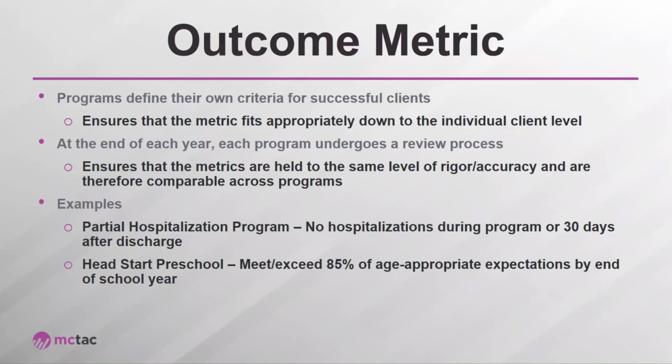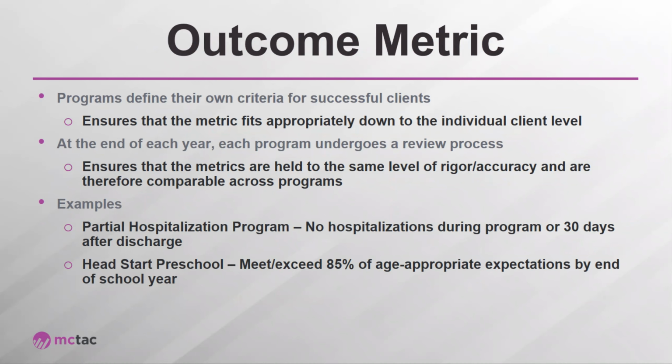The way we've done it at Astor is by allowing programs to define their own criteria for what a successful client is, right? Who should be a good candidate to be listed in that pamphlet. That ensures that we have the comprehensiveness part. That ensures that 90-90 rule works. But then we want to make sure that it's still comparable across programs.